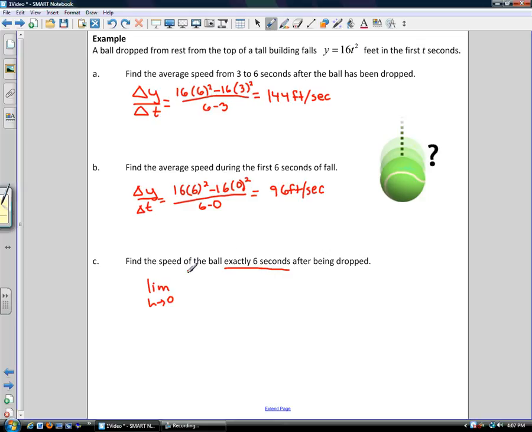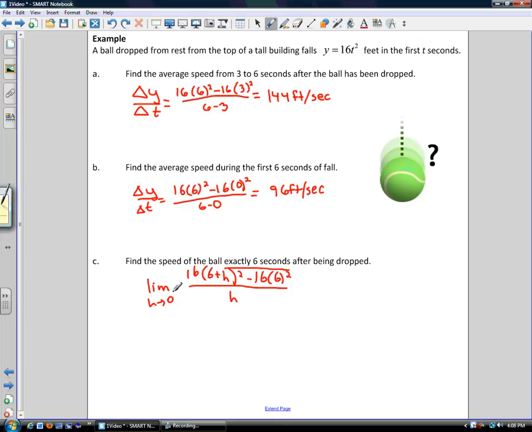So I get 16 times 6 plus h squared minus 16 times 6 squared. Okay? That's my f of a plus h minus my f of a, all divided by 6 plus h minus 6, which is just h.